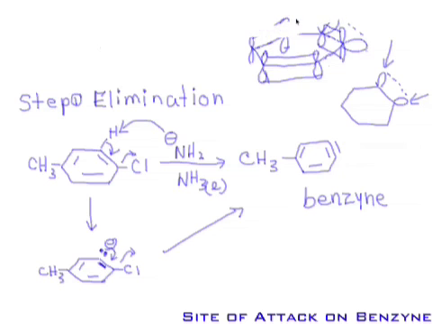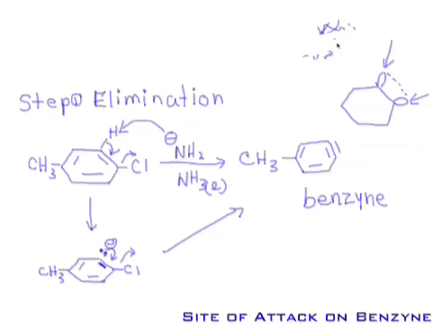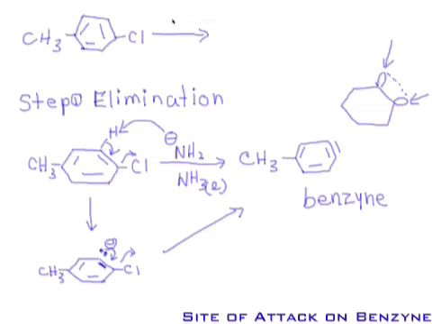Remember, I said, if you take perchlorotoluene and you react it with hydroxide, you got two products. Well, if you take perchlorotoluene and you react it with sodium amide, the same thing happens. You take amide, NH2, which by the way has two lone pairs, in liquid ammonia.